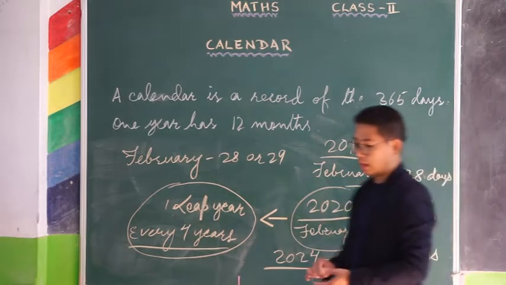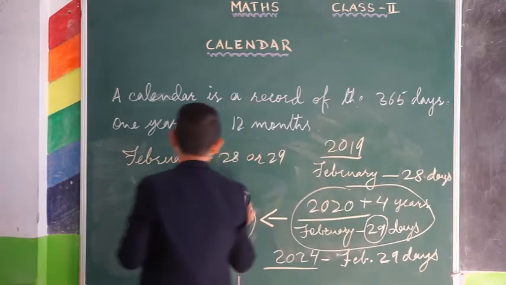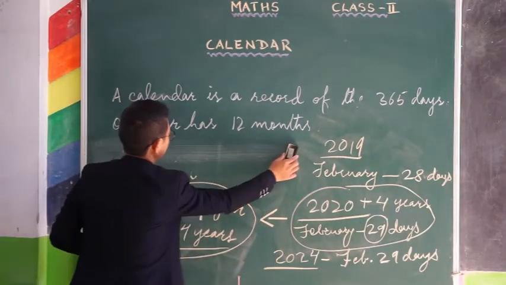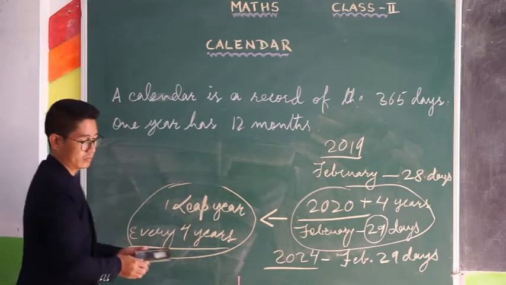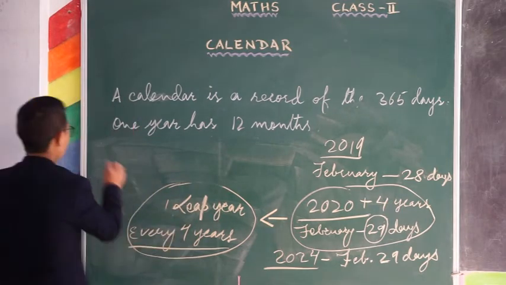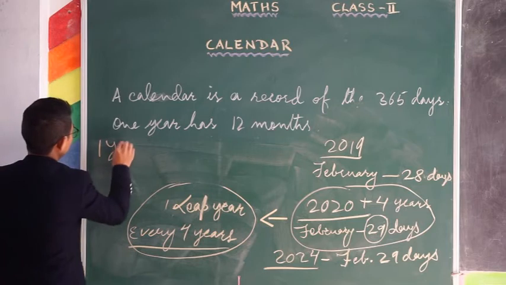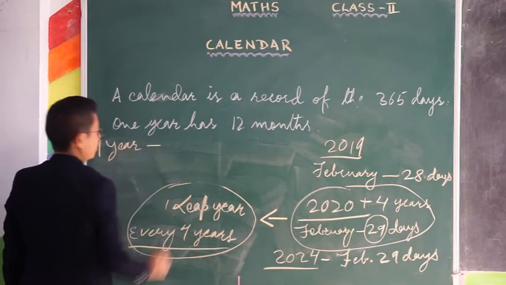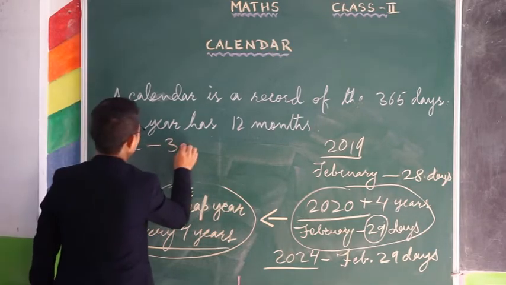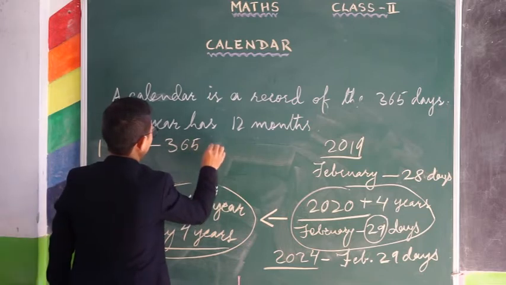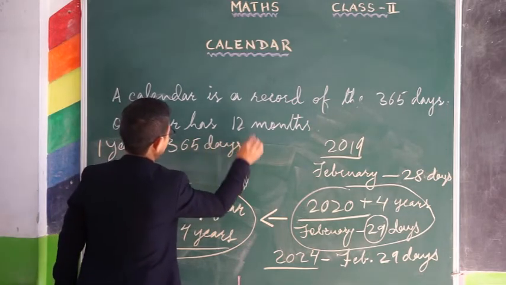Okay? So here a year, 1 year, how many days? We have learned that 365 days. Okay?